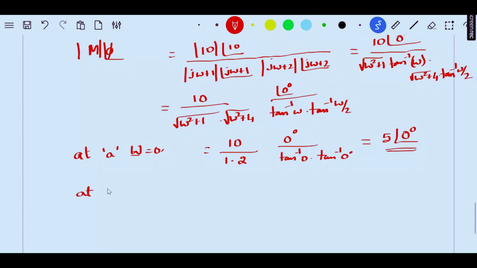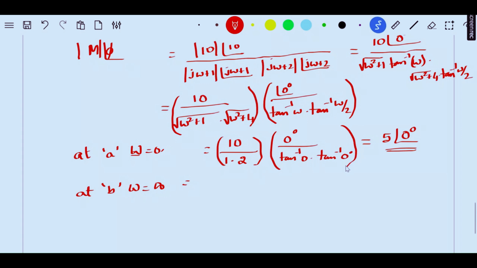Similarly, at point B, we see that omega equals infinity. Therefore, magnitude and angle are separate. The magnitude term for omega equals infinity becomes 10 divided by infinity.